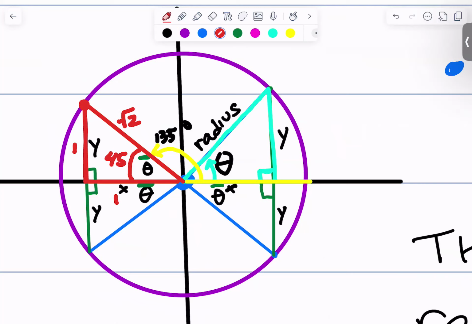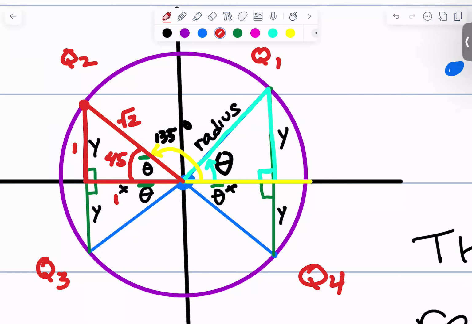That will equal the same six trig functions of 135 degrees. Does that make sense? Yeah, the six trig functions of a 45, 45, 90 triangle in my second quadrant. This is quadrant 1. This is quadrant 2. This is quadrant 3. This is quadrant 4. Is the same as the six trig functions of 135 degrees.